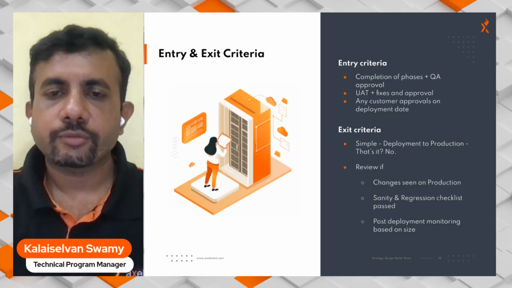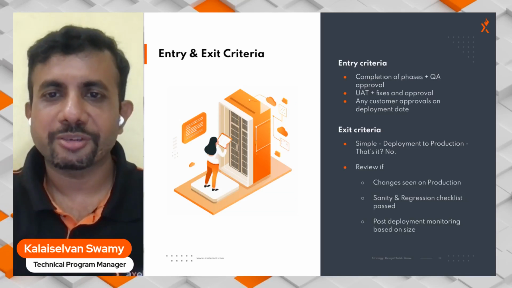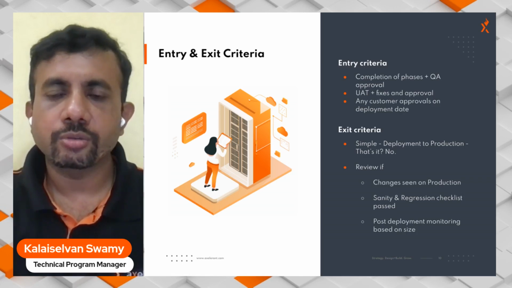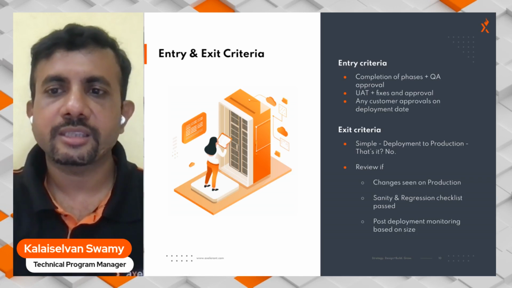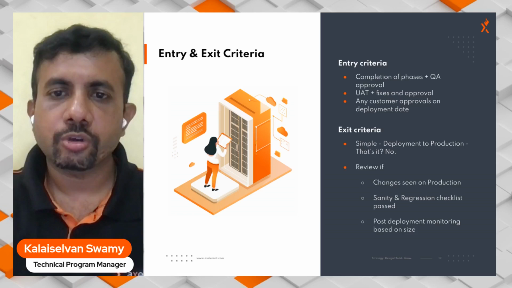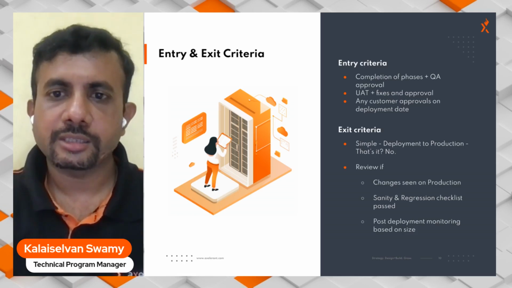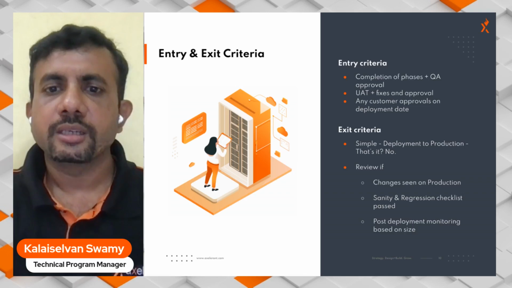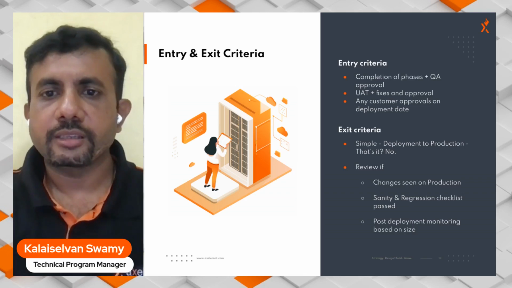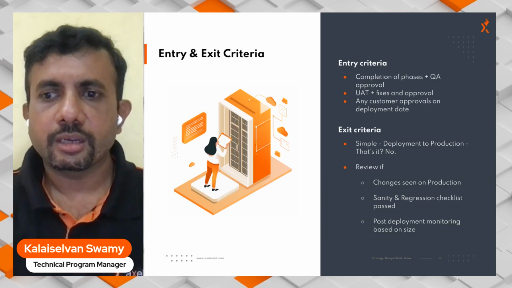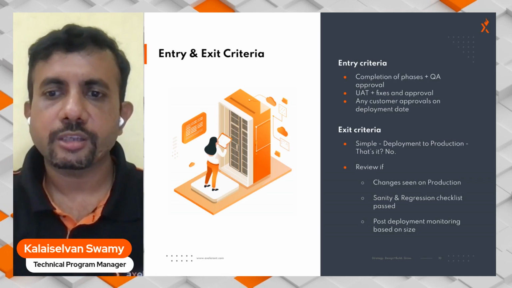The exit criteria for deployments is deployment to production, right? But it doesn't end there. It's important that you see whether the changes that you actually wanted to see on production are available, and whether the sanity and regression checklist, mostly automated, has also passed. And finally, whether post-deployment monitoring needs to be done based on the size of your deployment.